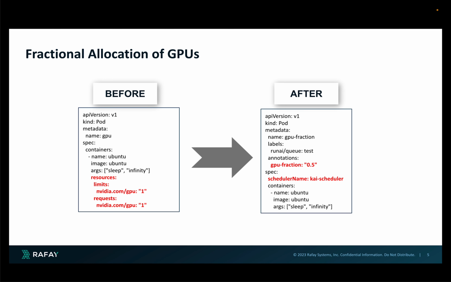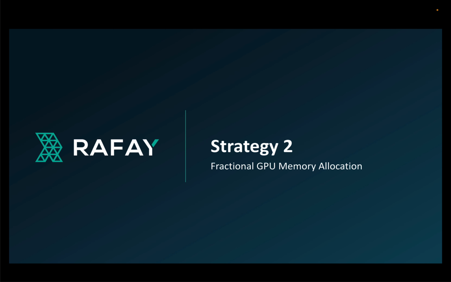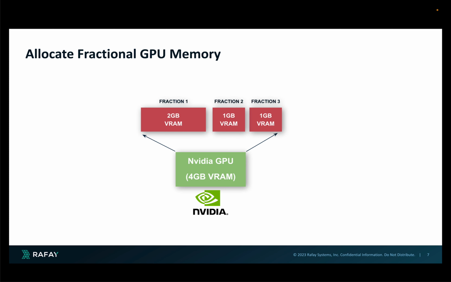There is a second strategy that we'll also look at in this video, which is fractional GPU memory allocation. And this is a little different from the first strategy. So imagine if you have a GPU, and in this case, I'm showing an example with 4 gig of memory. Now, maybe I have 3 applications that want to use this GPU, but they all have different memory requirements. In this example, the first fraction wants 2 gig. The second one wants 1 gig. So does the third fraction.